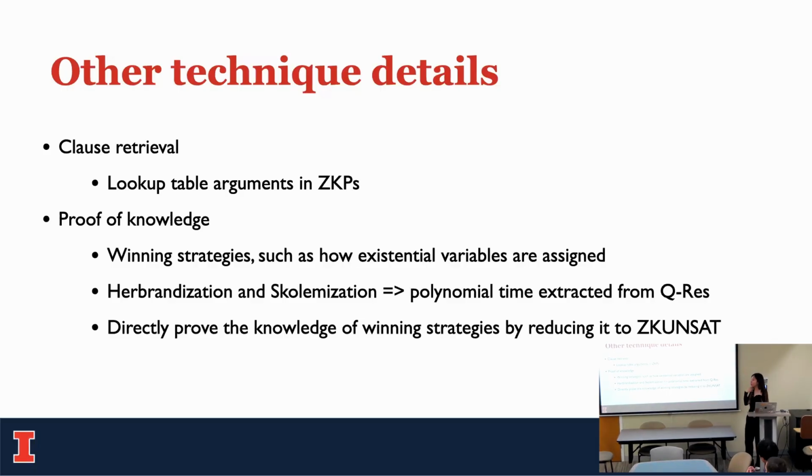We can encode them also using some formula and then reduce proving knowledge of the winning strategy to proving the unsatisfiability of a certain formula. That is some other part I don't include in this talk, but I think it's also very interesting.